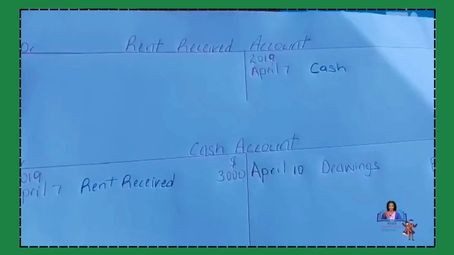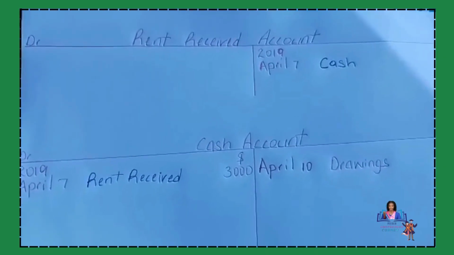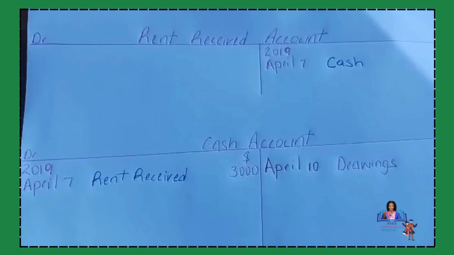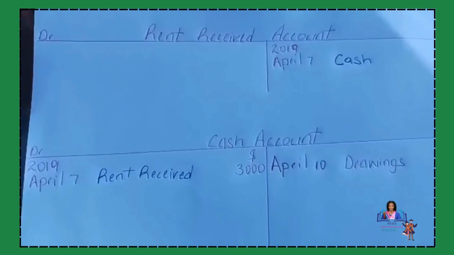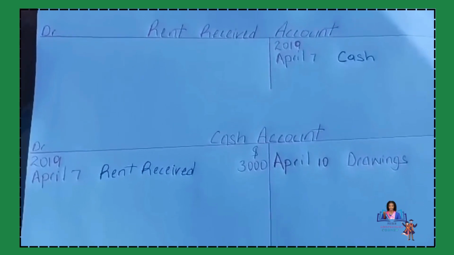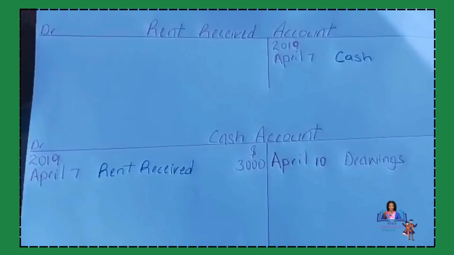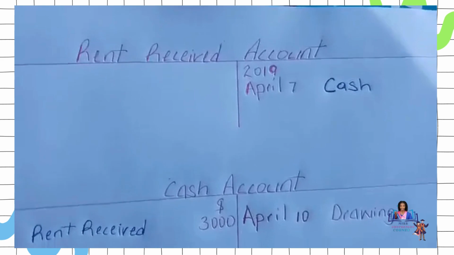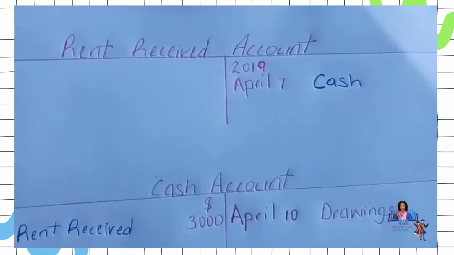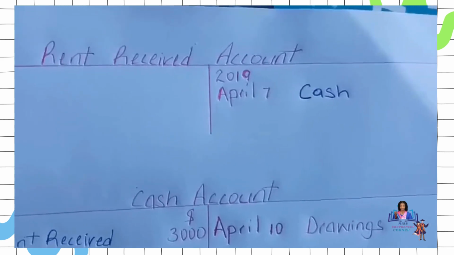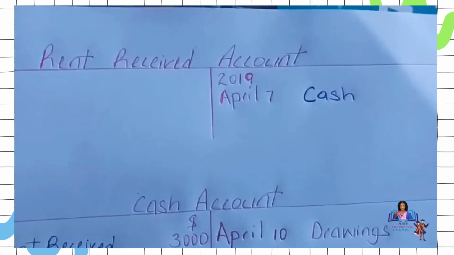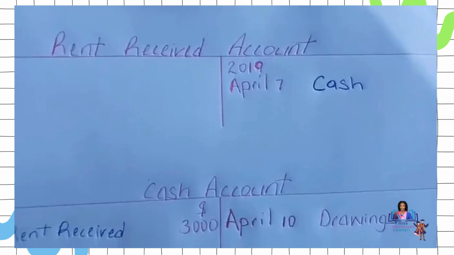In closing, recording transactions according to the type of expense and revenue enables the business to know the amount of a particular expense incurred and revenue earned. This revenue account would make the business aware that money is being received in the business as a result of rent.